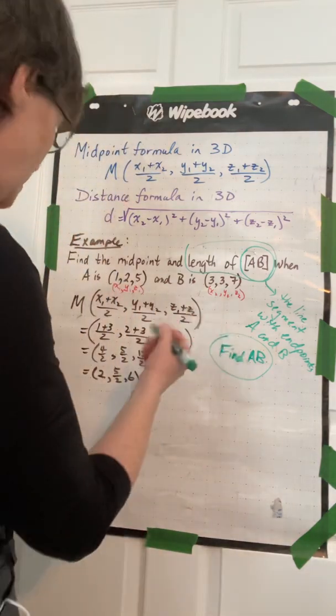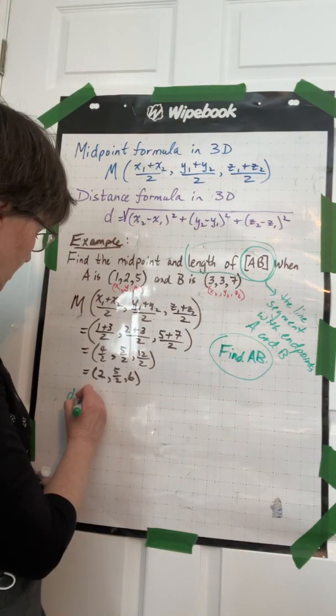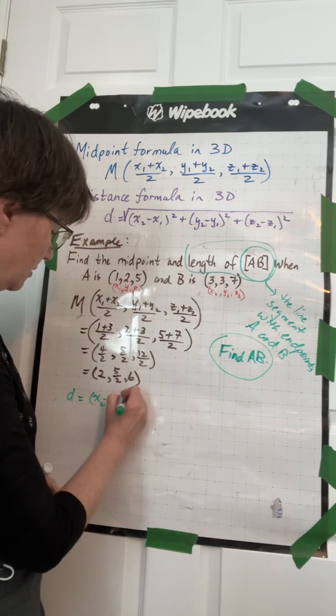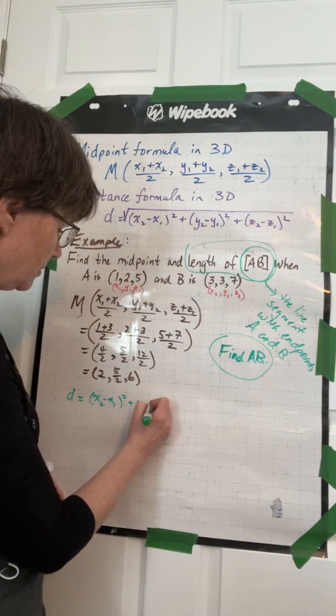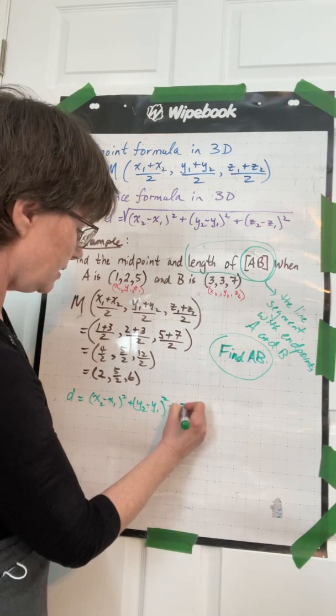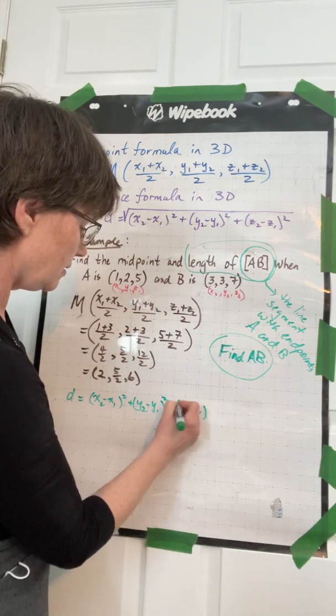All right, so let's do that. We're going to use our distance formula: the square root of x2 minus x1 all squared, plus y2 minus y1 all squared, plus z2 minus z1 all squared.